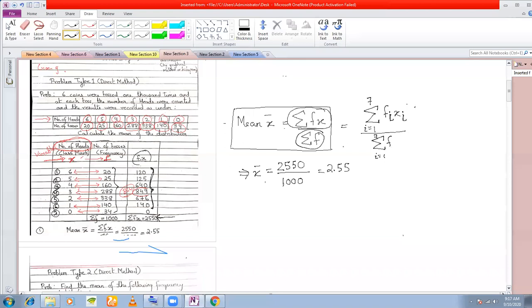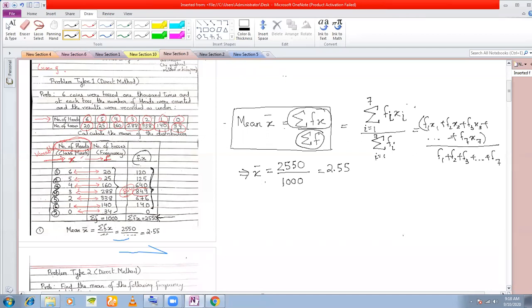This means f1 x1 plus f2 x2 plus f3 x3, and this continues till f7 x7, divided by f1 plus f2 plus f3, and this continues till f7. This is what sigma notation means.